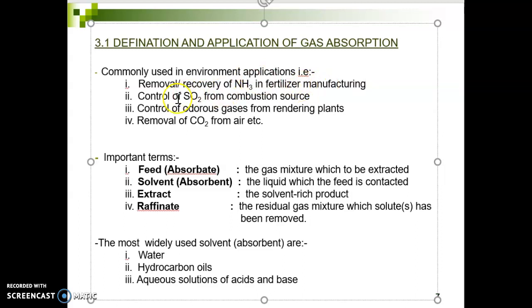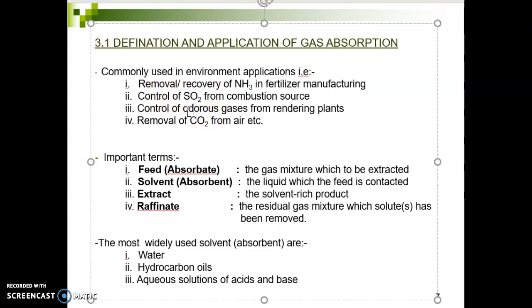Other than that, we have SO2 from combustion sources, for example your car. We have these poisonous gases, so we need to control their removal. We need to put something in your gas chamber to control these emissions of SO2.